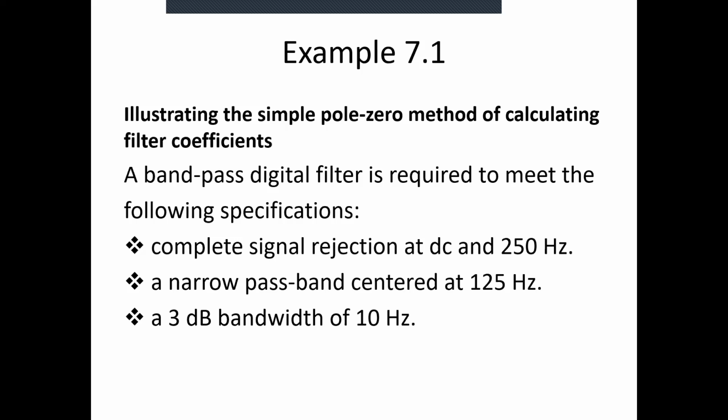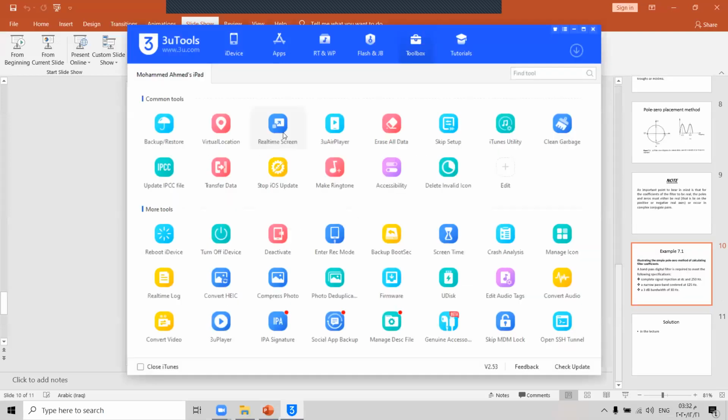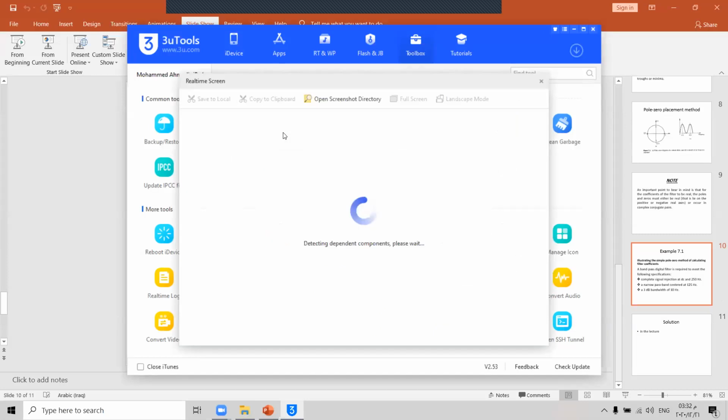So we have the following information: complete rejection at DC and 250 Hertz, narrow passband centered at 125 Hertz, 3 dB bandwidth of 10 Hertz. These are the requirements of this example. Again, the sampling frequency is 500 Hertz, or samples per second. Now let's go to the whiteboard to make the complete solution for this example.